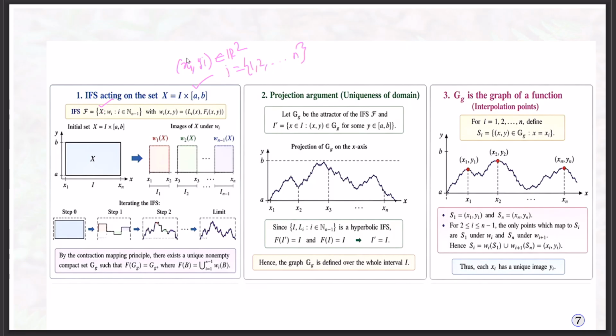From this we can form the set X. X is a complete metric space. Then we defined W_i as a contraction mapping based on the L_i mapping and F_i mapping. Therefore, this complete metric space X together with the W_i we can call an iterated function system.